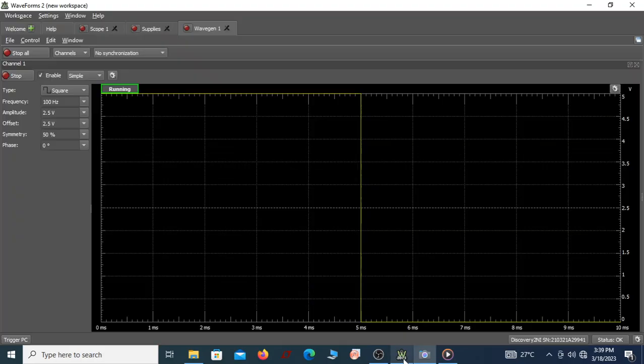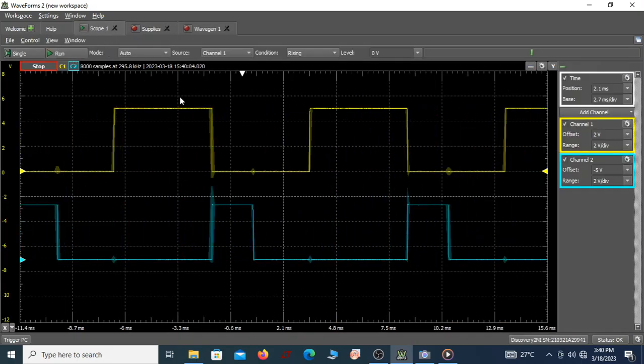Let me just go back to this and go to this scope. Let me stop this. You can see I'm setting a range of 2 volt per division, and there is an offset of 2 volt given so that it is above and this is below. Let me just directly give the signal to 1 sec.